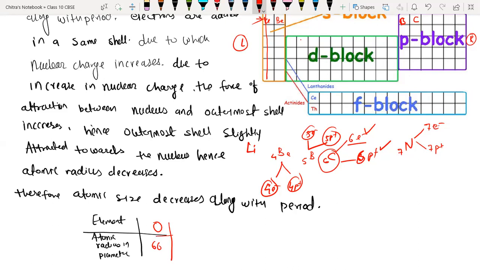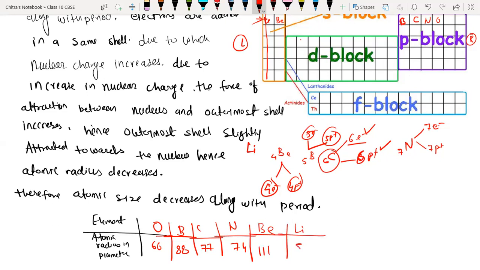Boron has 88 picometer. Carbon has 77. Nitrogen is 74. Then we have beryllium, which is 111, and lithium, which is 152.